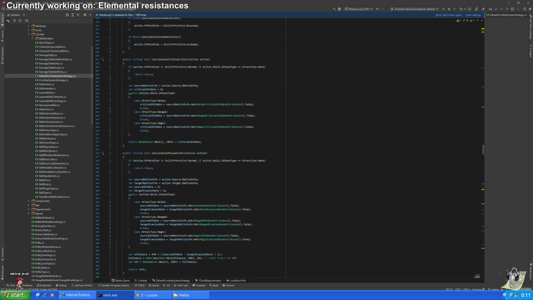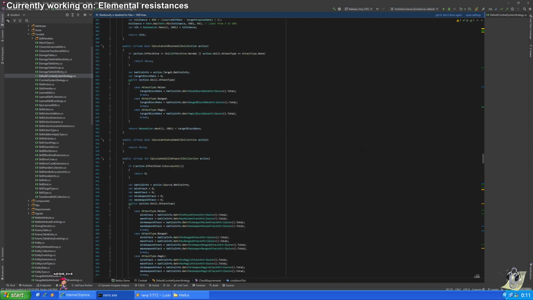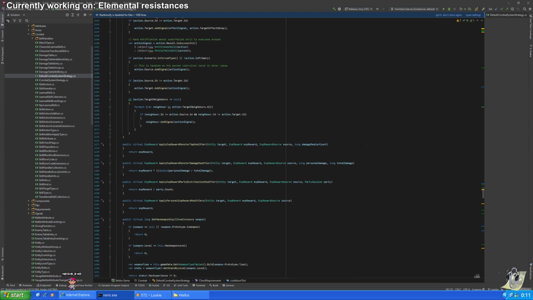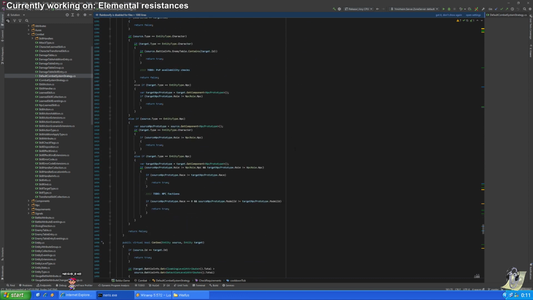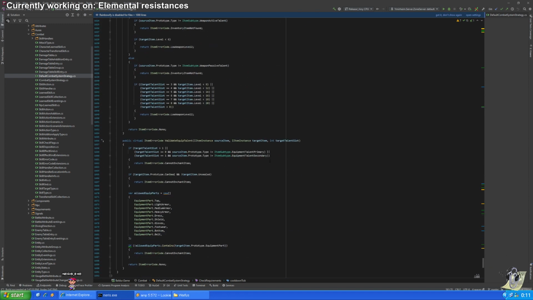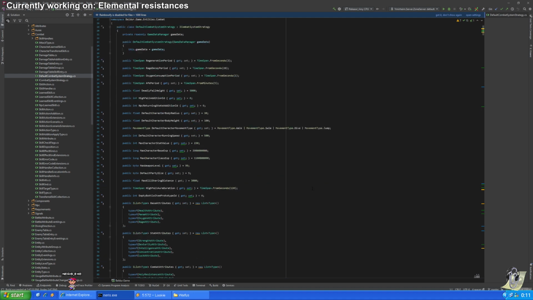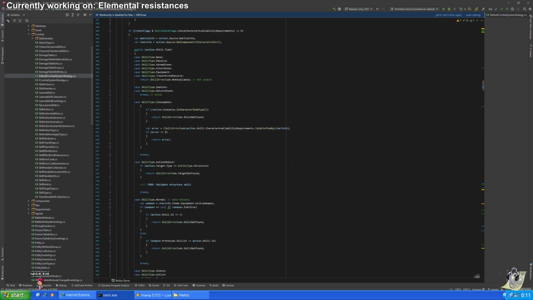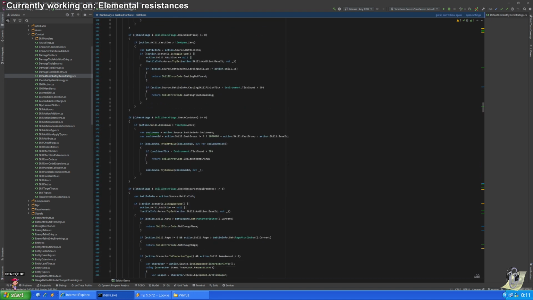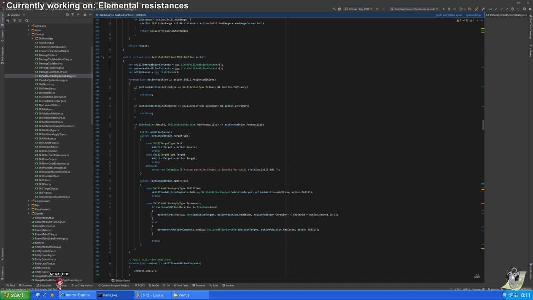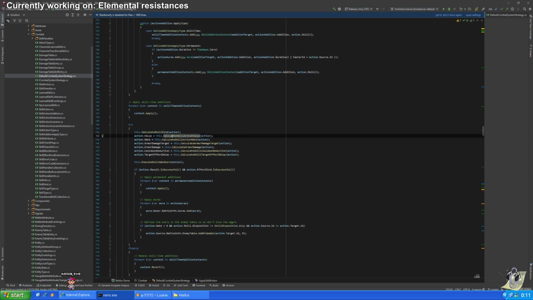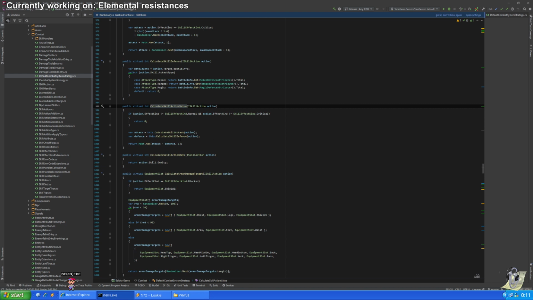So I need to find a place where the attack is calculated, attack value. I don't remember where it is exactly. Here it is.